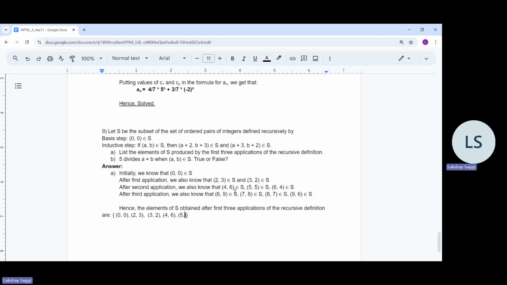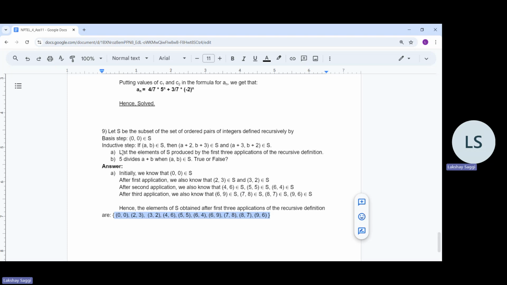This will be faster. 5 comma 5, then 6 comma 4. Then we had 6 comma 9, 7 comma 8, 8 comma 7, and 9 comma 6. So these are the elements obtained of S after the first 3 applications.